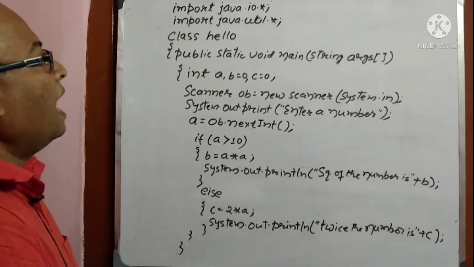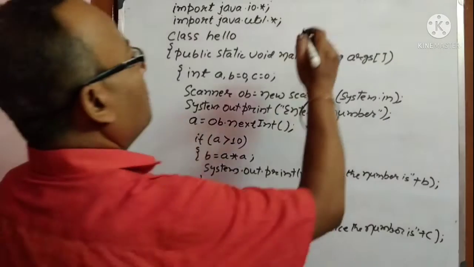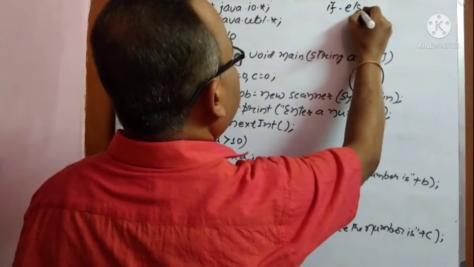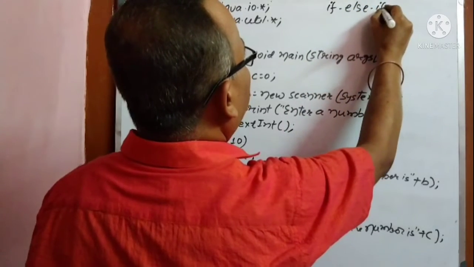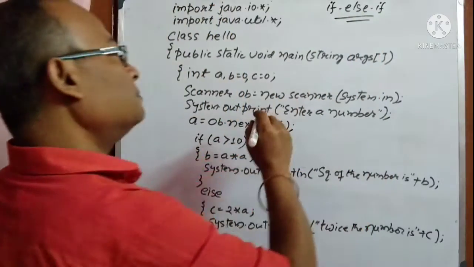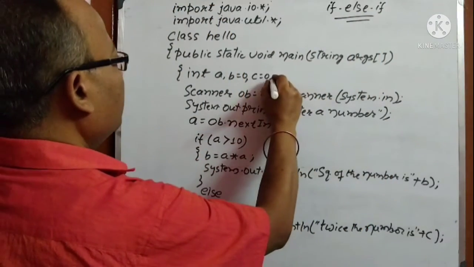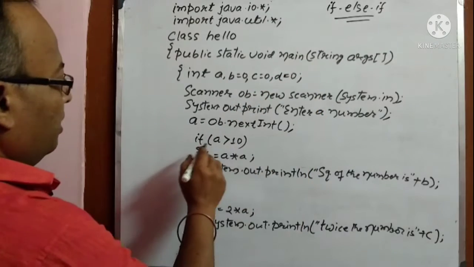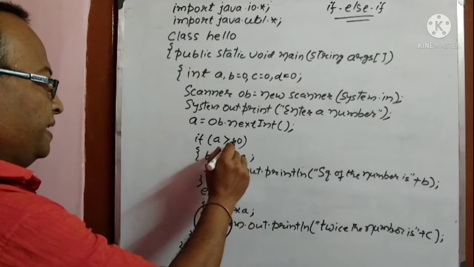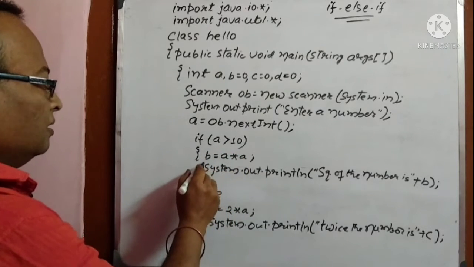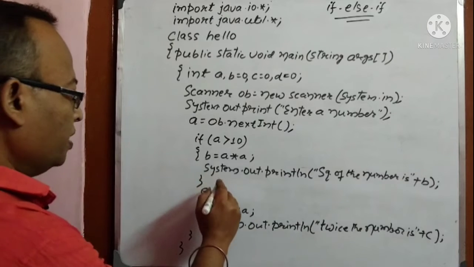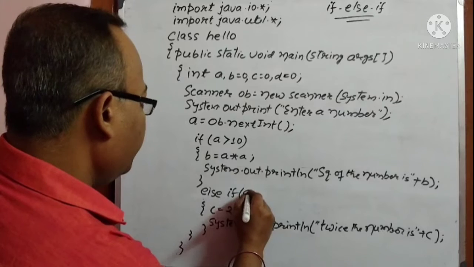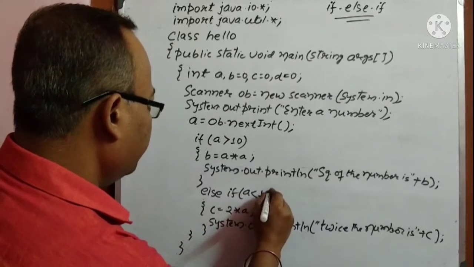Now I will show you if else if in this program only. I'll add d equals 0. If a is greater than 10, then this statement gets executed, else if a is less than 10.